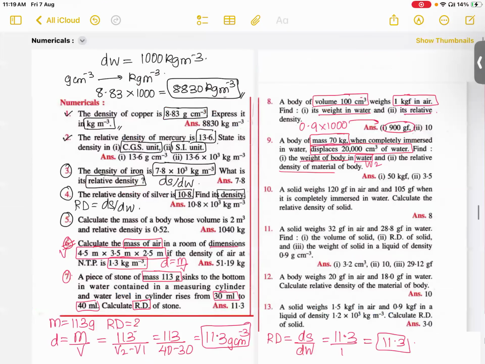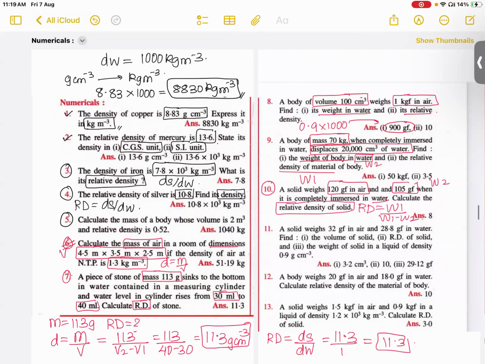The 10th one. The 10th one is a solid weighs 120 gf in air. So this is W1. 105 in water. So this is W2. Calculate RD. This is the easiest somewhere. RD is equal to W1 upon W1 minus W2. Substitute the answer.